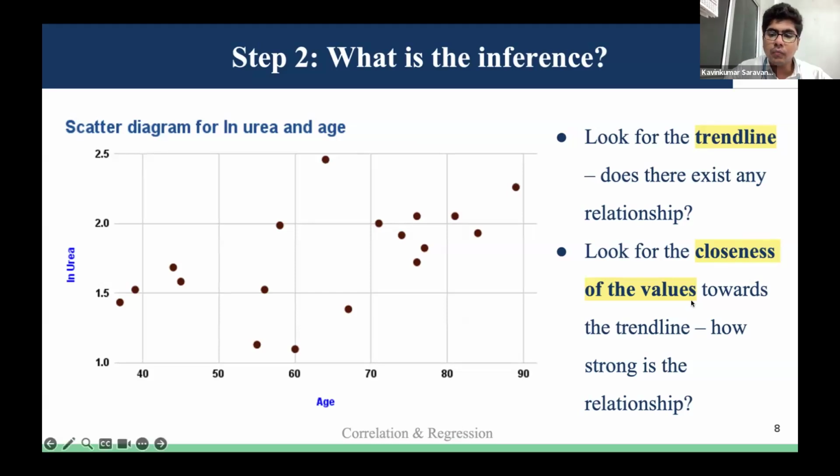Second thing, look for the closeness of these values towards the trend line. If we can imagine an imaginary trend line here, then whether these values are close enough to this trend line will show you how strong this relationship is in the first instance.